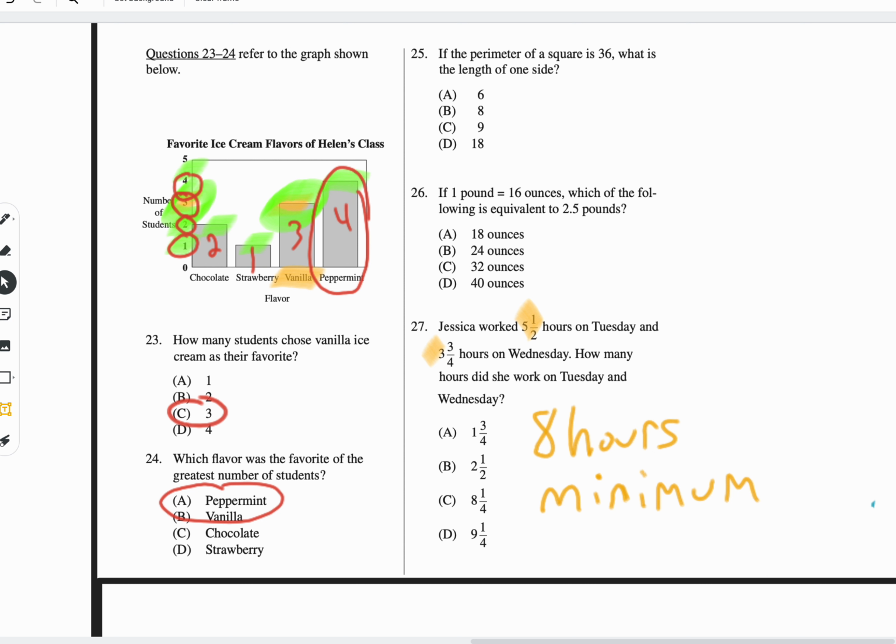So let's eliminate A and B. They will be too small. Now between C and D, 8 1/4 and 9 1/4.